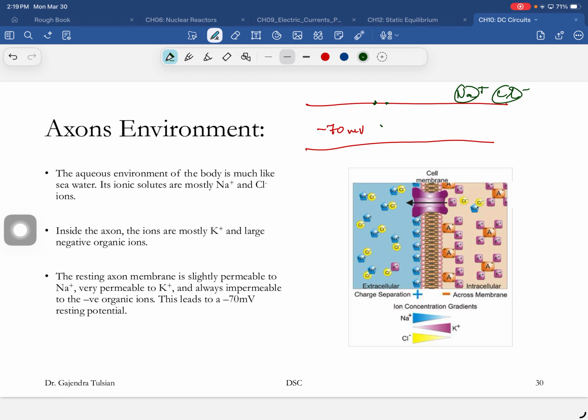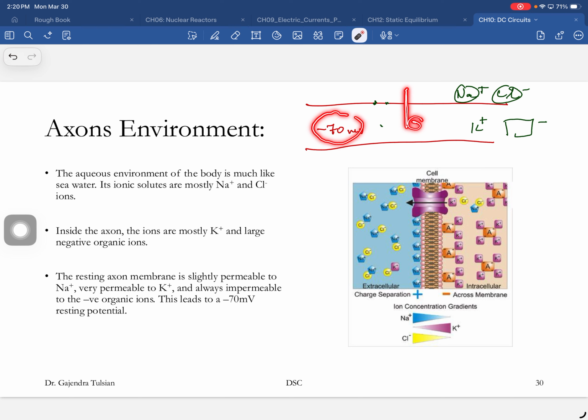There was a bunch of extra potassium ions there, and a bunch of extra sodium ions here compared to normal condition. You'll have to reset that. So you'll have to move these sodium ions back and potassium ions back in later down the road. So you need ion pumps, and 20% of all your energy is spent for that. But that's down the road. We'll worry about resetting later. And that impulse travels at 100 miles an hour. Okay, that's your nerve impulse.